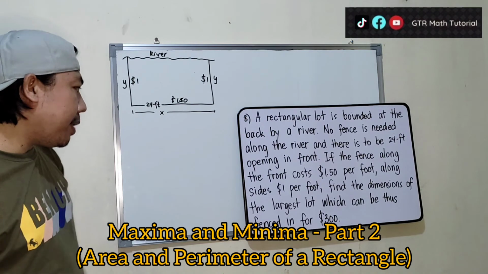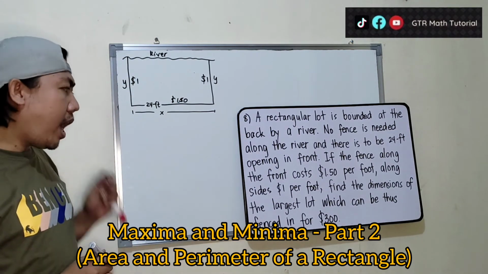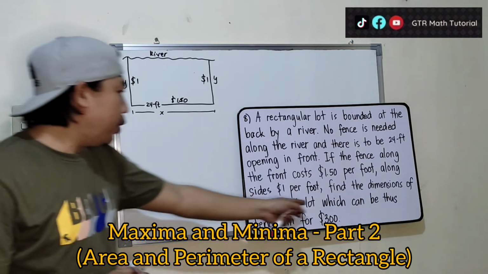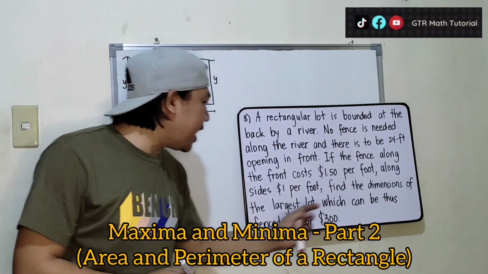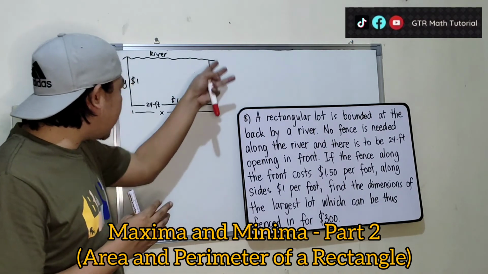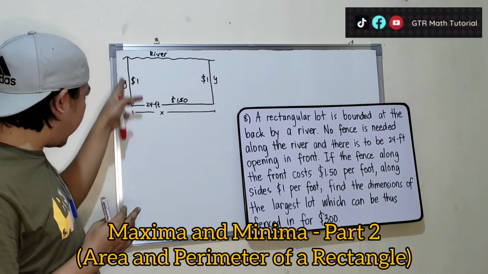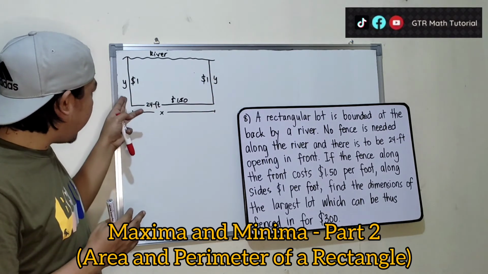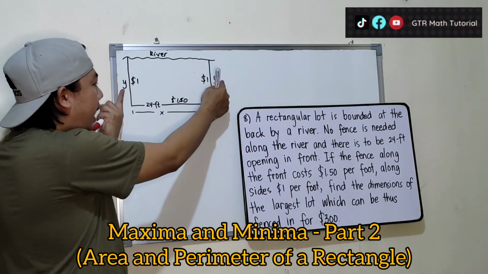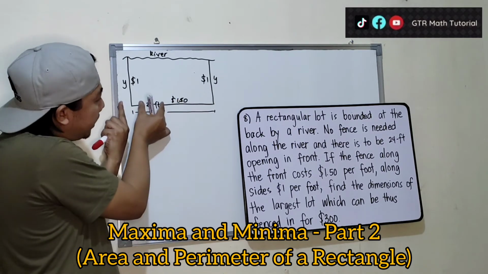So we want to find the dimension of the largest lot. So largest lot, we want to maximize the area. Find the dimensions of the largest lot which can be thus fenced in for $300. So $300 is the budget for the fence. So the total of the fence is y plus y, so we have 2y, and then the length is x minus 24 feet because there is an opening of 24 feet.